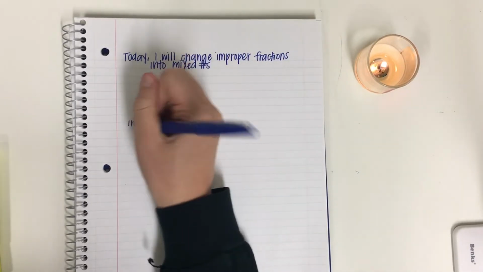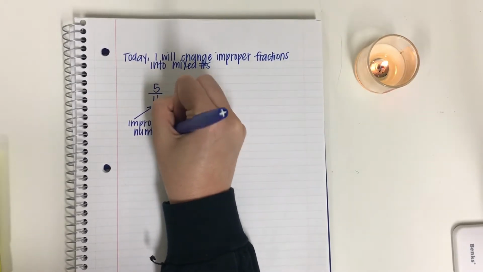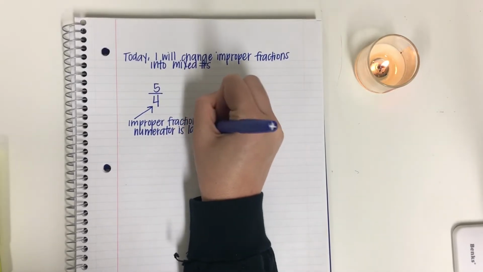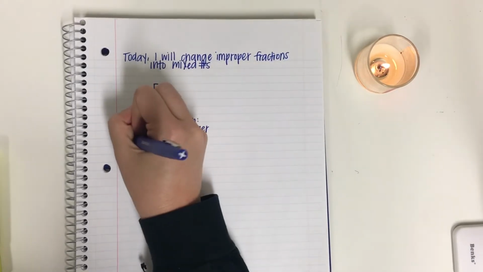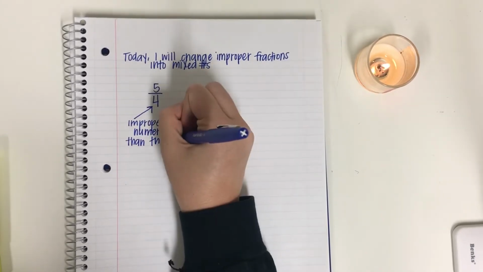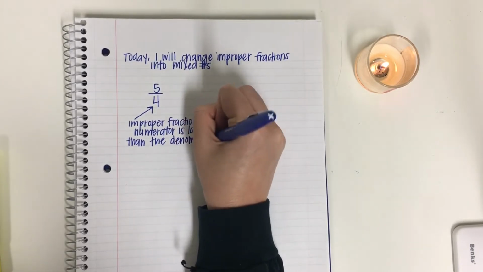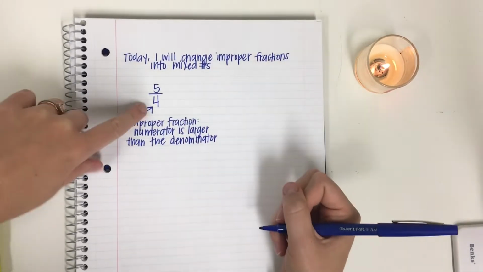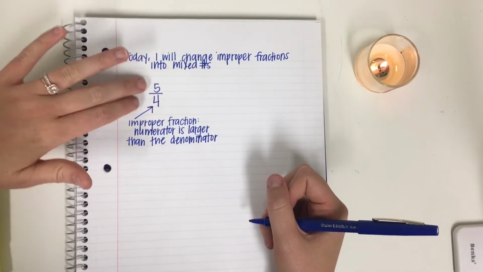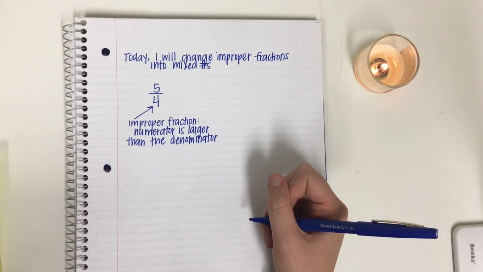Okay, it is when your numerator is larger than the denominator. So it's improper, it's not proper, right? It's funky, something's wrong with it. It's very top heavy, okay? So there's more value on top than there is on the bottom, okay?